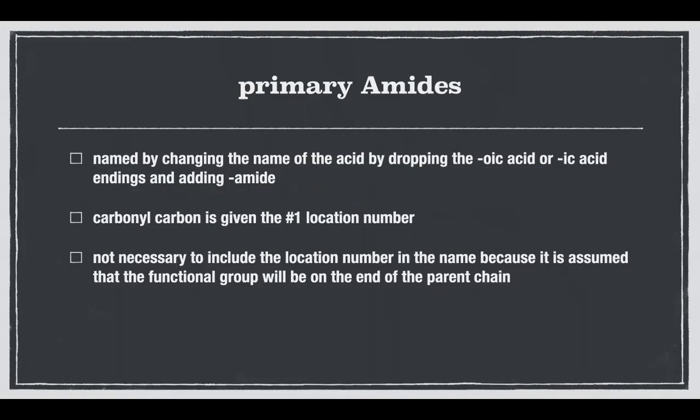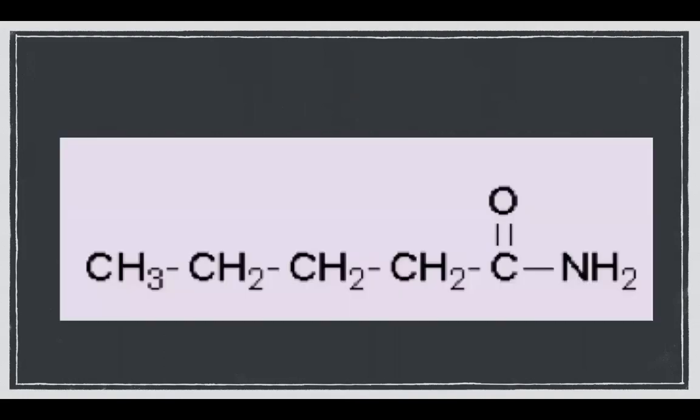Now we've got different kinds of amides. So this is a primary amide. And you count 1, 2, 3, 4, 5. 5 is pent. So this is pentanamide.